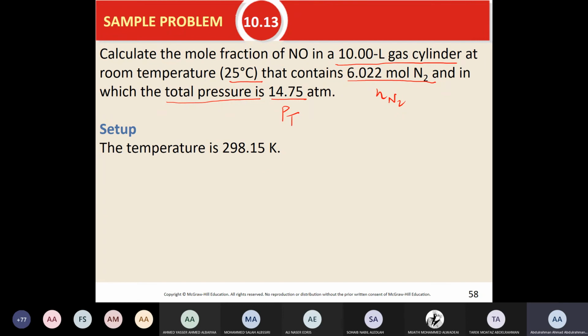Can we do that? Yes. From P total, what can we calculate? N total. N total equals what? P total times V over RT. Exactly.